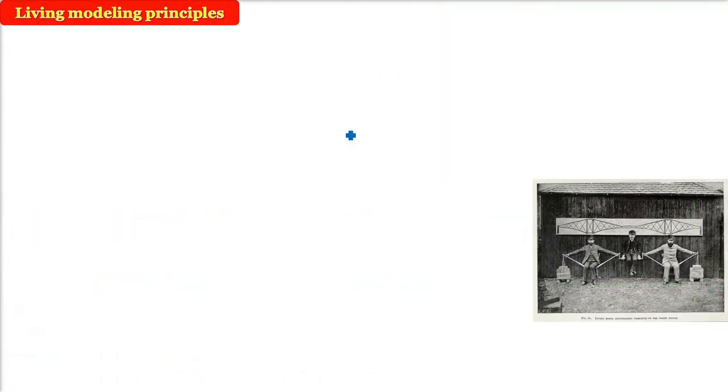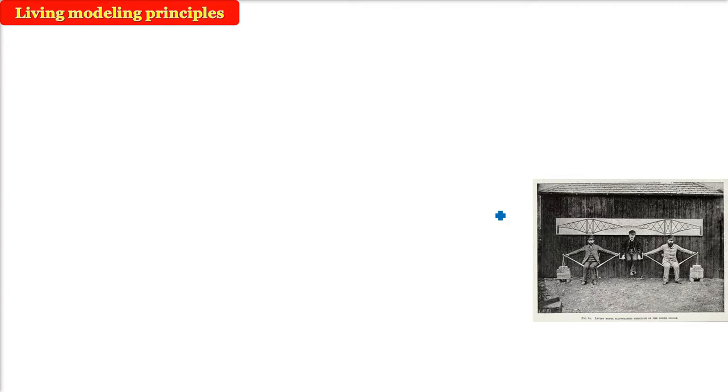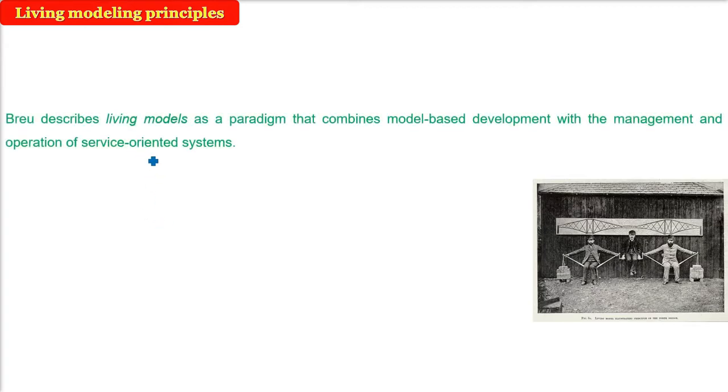Living modeling principles. So what are these? I'll give you an example first, to show you something. Here is a picture of a living model illustrating the principle of the Forth Bridge, F-O-R-T-H. How the bridge will be formed, this is the living modeling. We are also talking in terms of software. So Brew describes this living model, which is live. You can show it to the user, you can show it to the management.